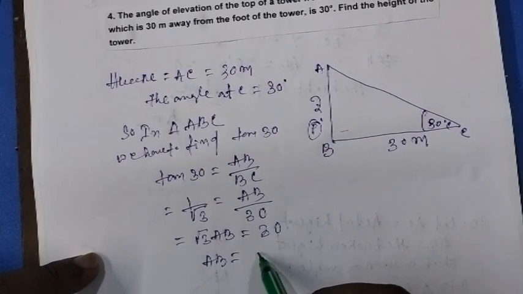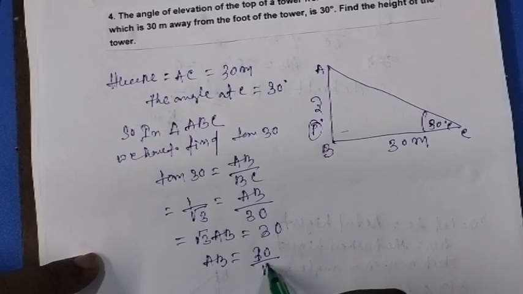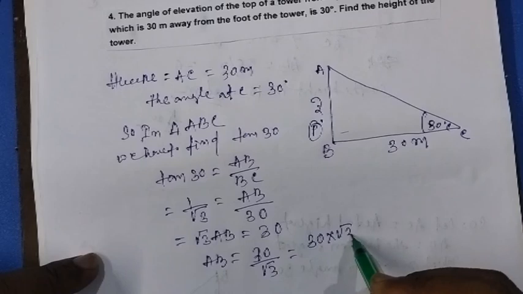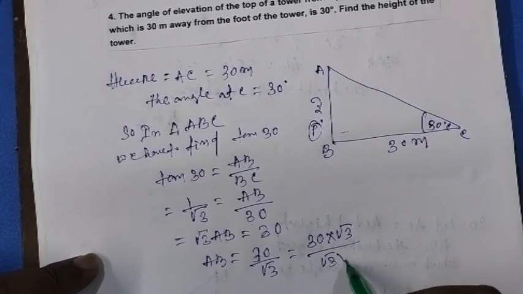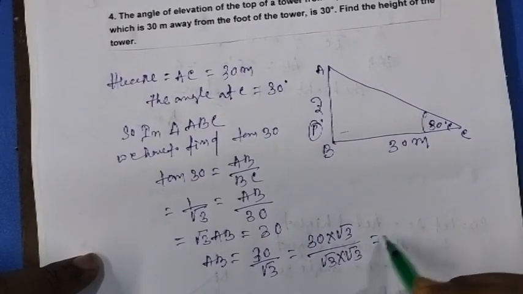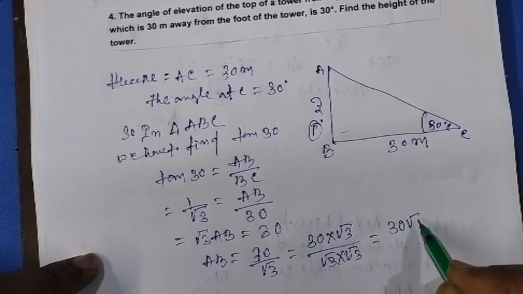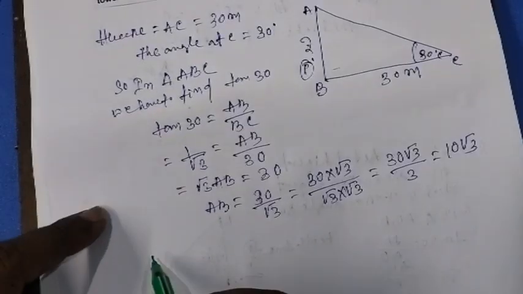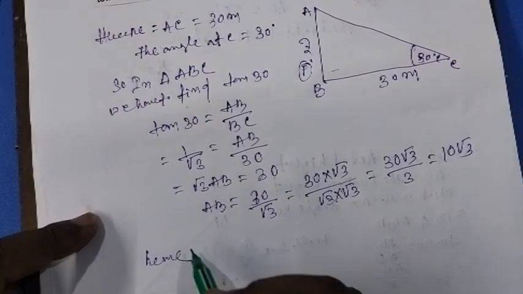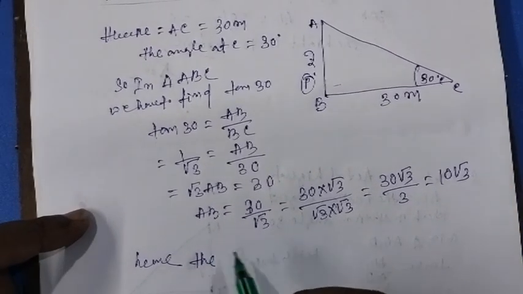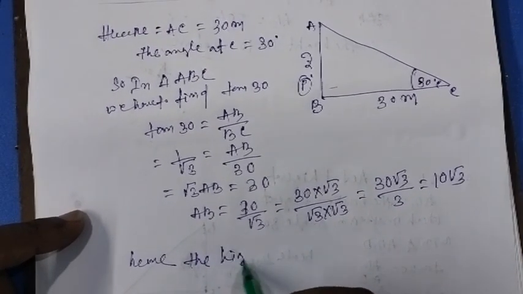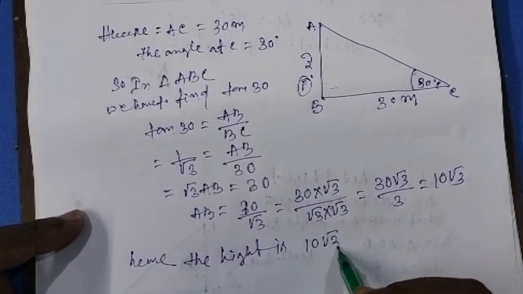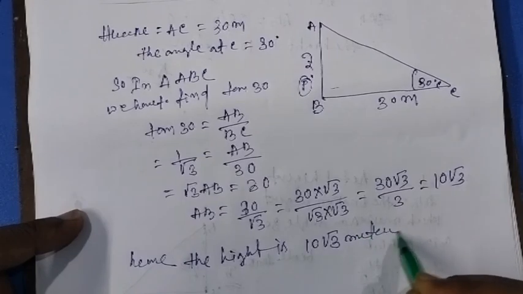AB is equal to 30 by root 3, or 30 into root 3 divided by root 3 into root 3, or 30 root 3 by 3, or 10 root 3. Hence the height is 10 root 3 meter.